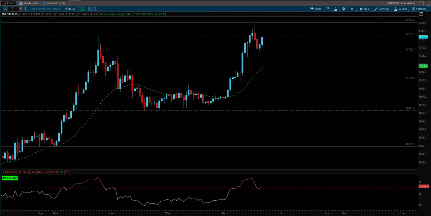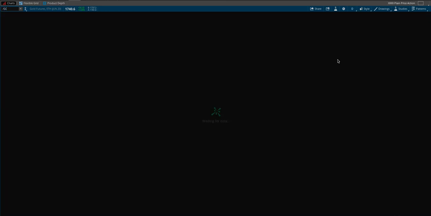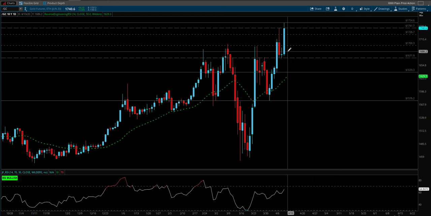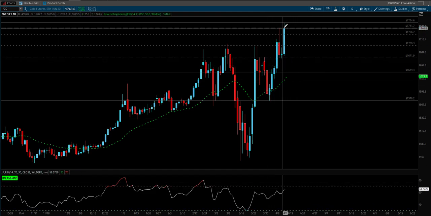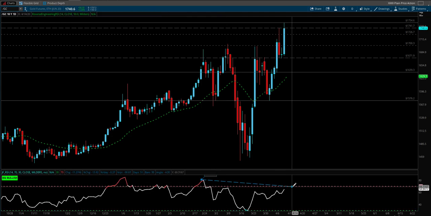So I go back to gold, and same thing. And you can see we have a divergence on the daily here too. We have the RSI with a lower high, even though price made a higher high. So like that, boom.